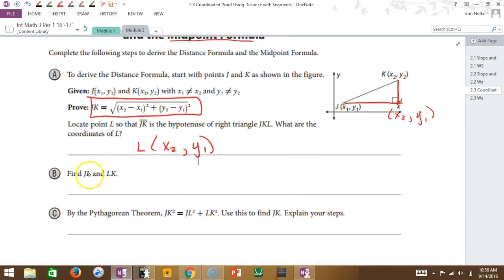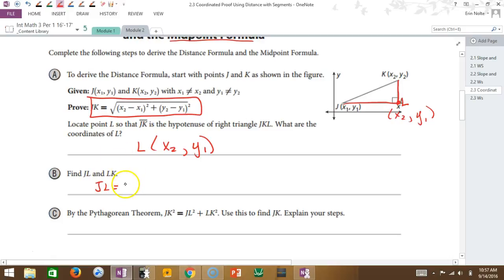Okay, so now it says find JL, so there's your L again, JL and LK. So this is asking us for a length. Okay, so if I'm going to go and find the length of J to L, okay, since the y values are the same, all I have to do is figure out the distance from the x2 to the x1. So basically, I would just subtract those two values.